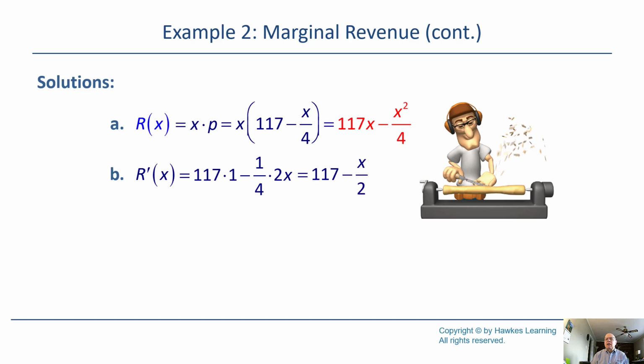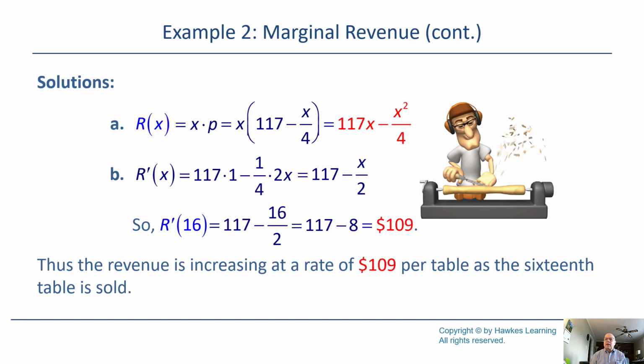Differentiate that. There's another look for it. Put the 16 in. Evaluate. And there's your marginal revenue at a level of 16 items per table, that's it.